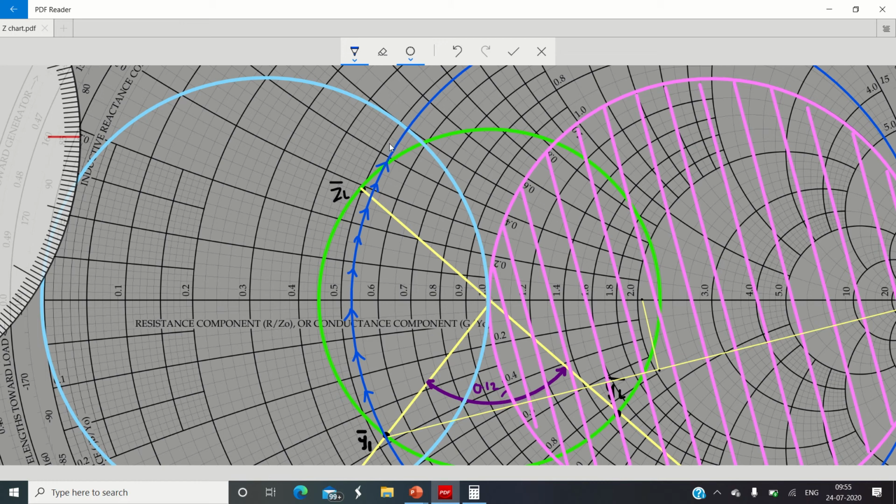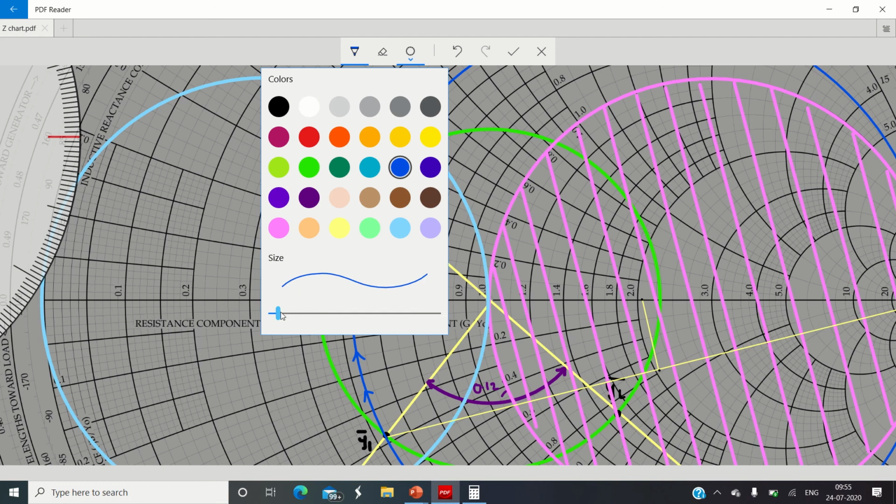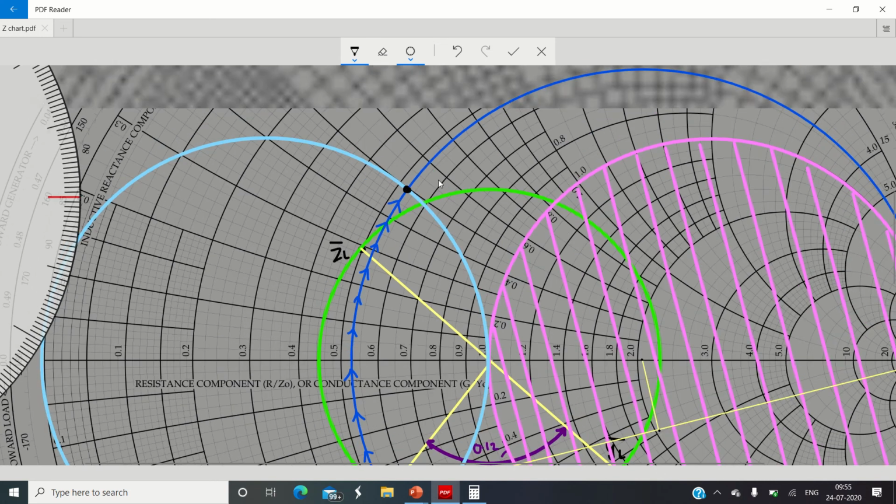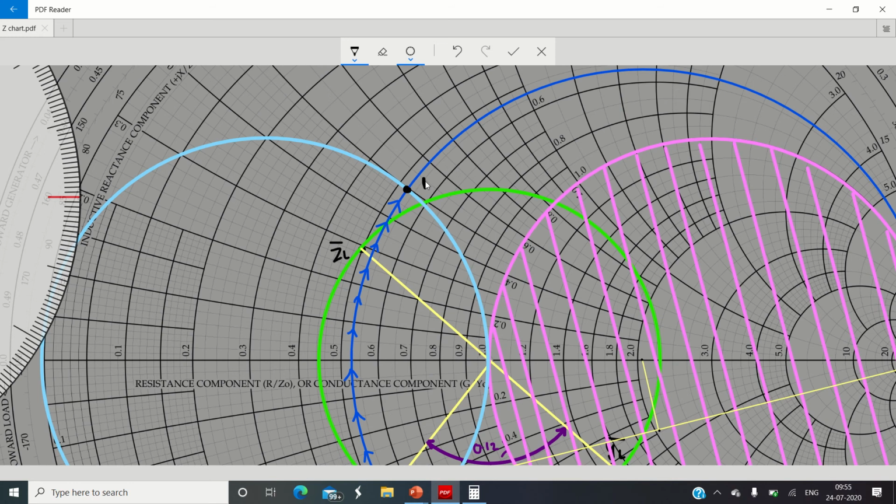Wherever this traveling cuts the tuner circle, there you get the design point. This design point I denote with a black color. There you will get an intersection. So this is the design point. I will call it point A. Please remember.